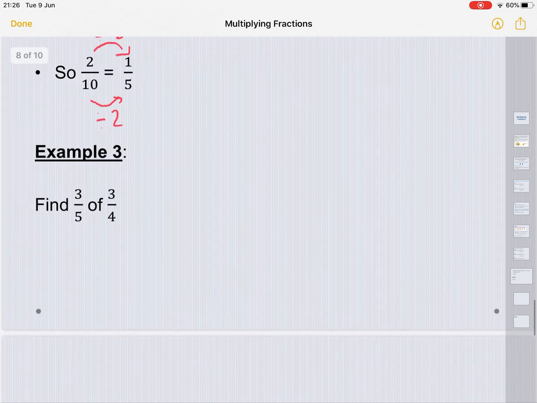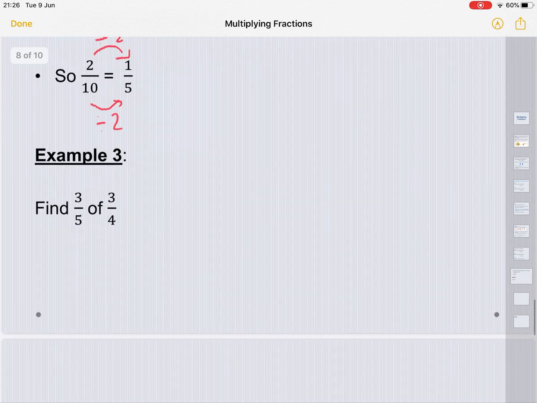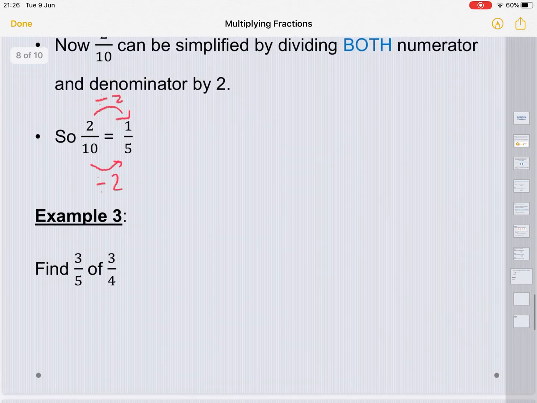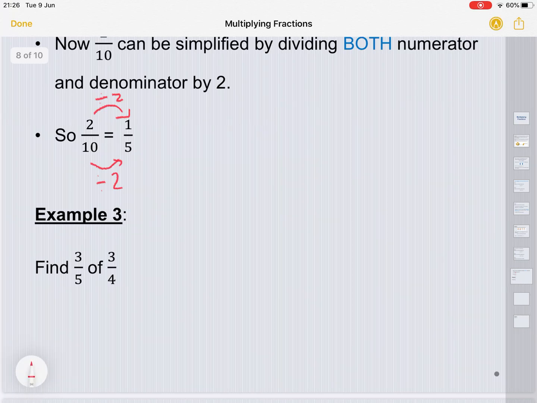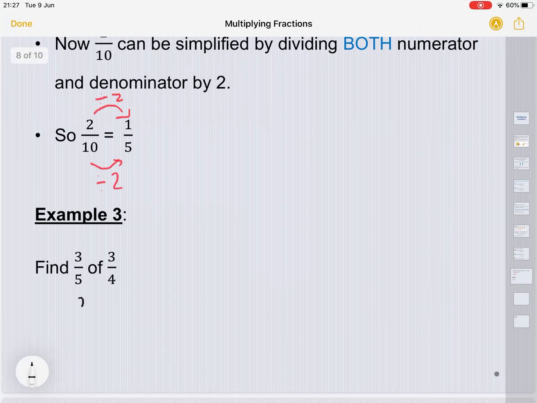Now example 3. In example 3 we have to work it out ourselves. Find 3/5 of 3/4. First of all, instead of the word "of", I can write a multiplication sign. So that means 3/5 times 3/4.